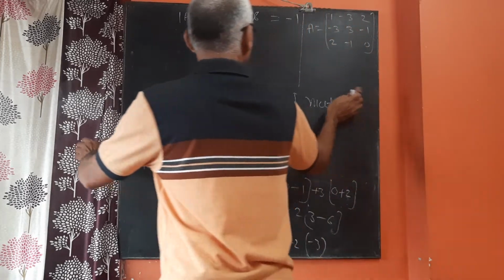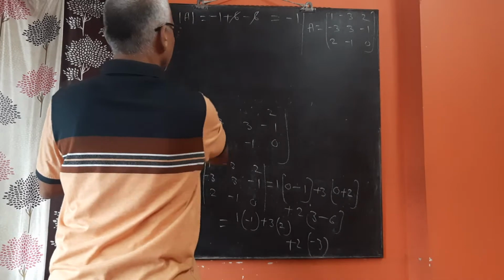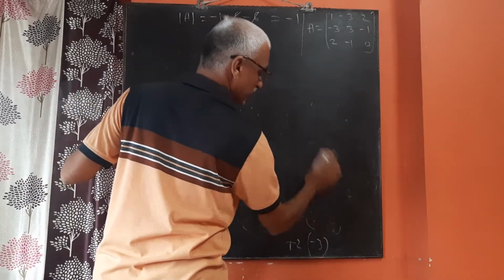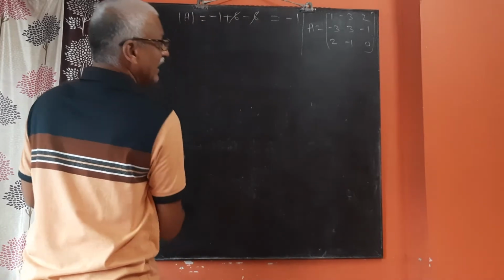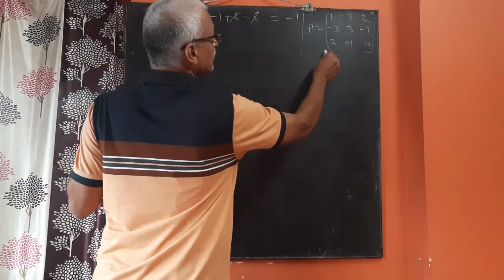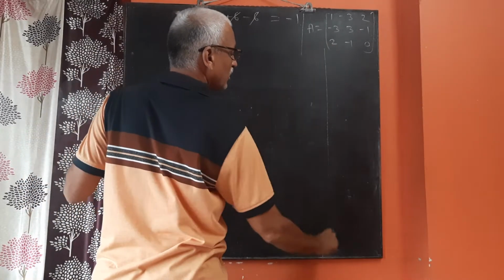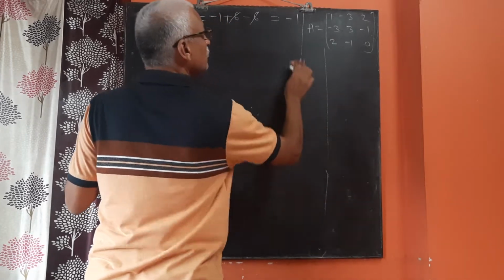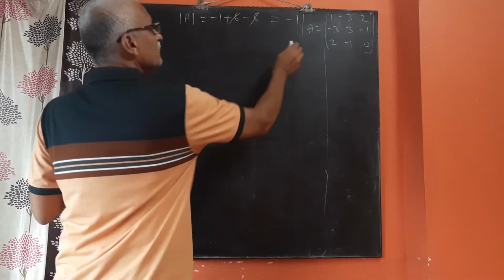Now we have to find the cofactors. We will find the cofactors one by one, and write down the values of the cofactors in the corner here, so it will be easy to put down the matrix of cofactors there.